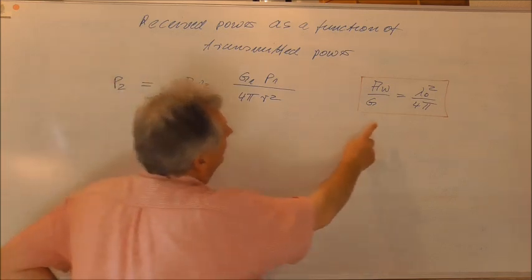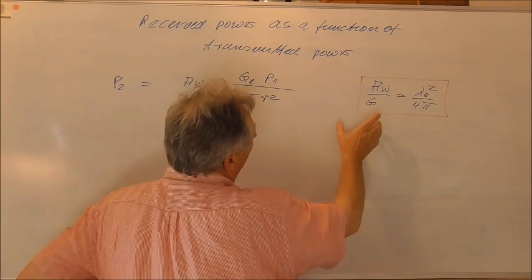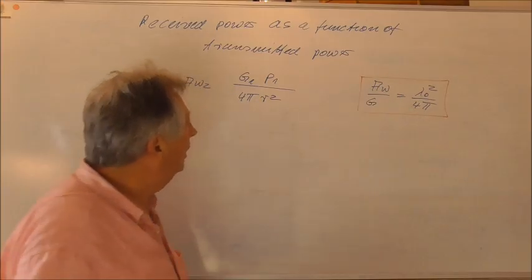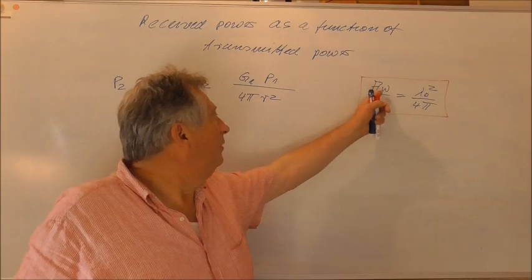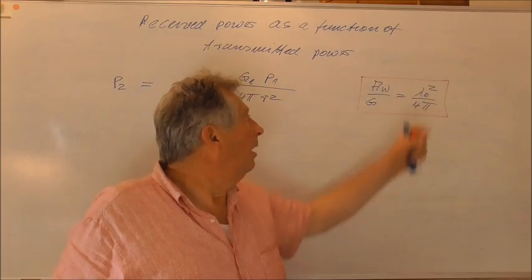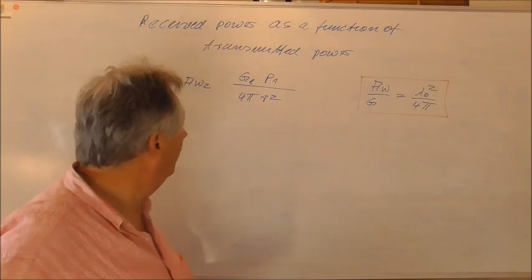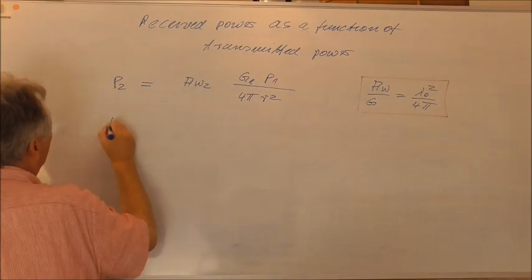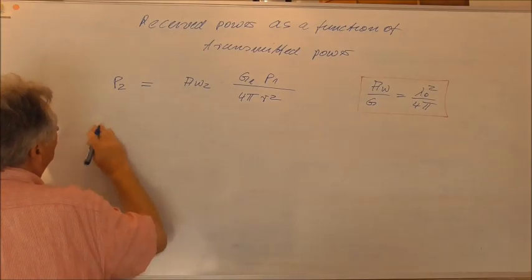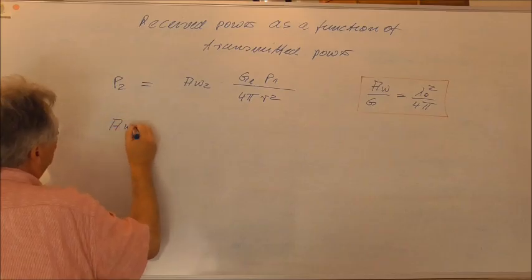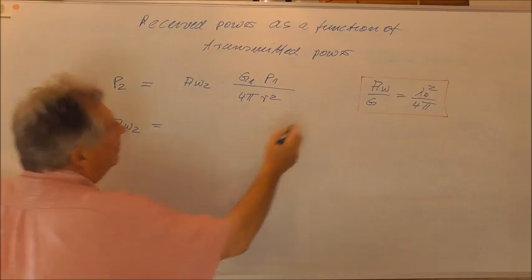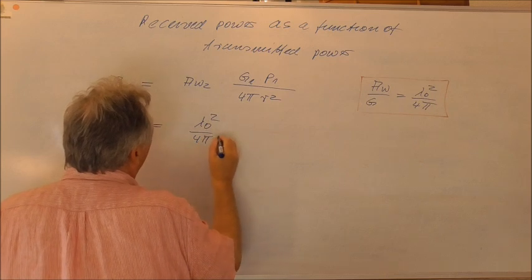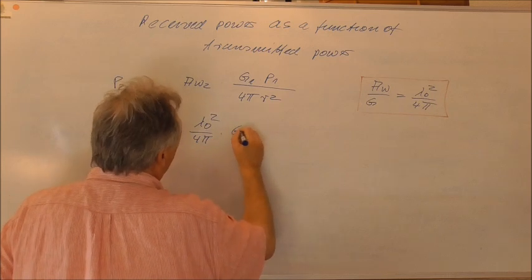But according to Maxwell's equations, the ratio of AV to G is given by lambda naught squared divided by 4 pi. So AV2 will be lambda naught squared divided by 4 pi times G2.